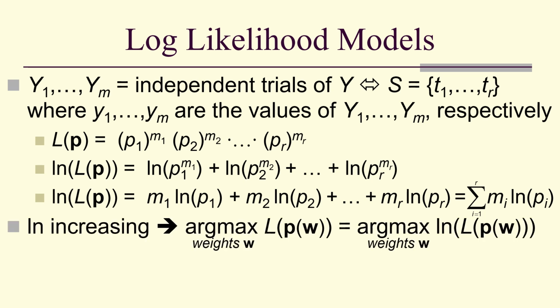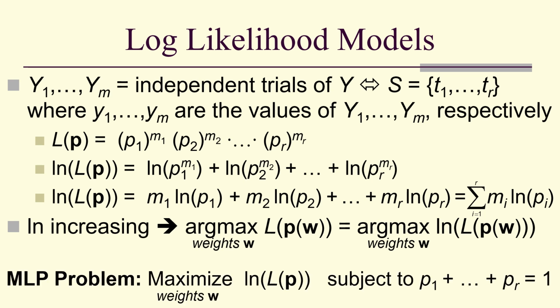So the natural log is an increasing function, so the argmax of likelihood is the same as the argmax of the log likelihood over the weights. And so we have what's called the maximum likelihood problem: maximize over the weights W the natural log of the likelihood subject to the sum of the probabilities is 1. In other words, this problem.